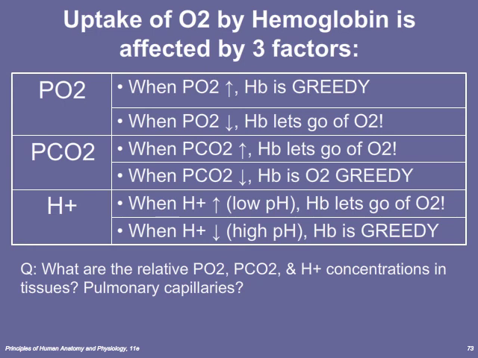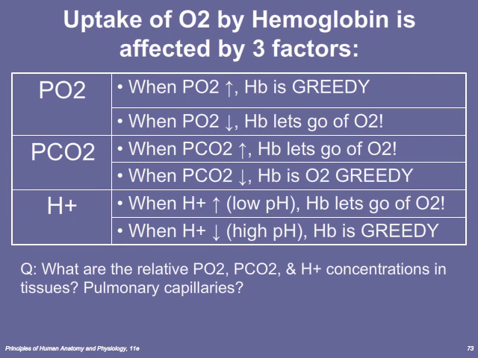So this slide just summarizes the factors that we talked about in the previous 3 or 4 slides. Basically, hemoglobin is a smart molecule that can adjust its affinity for oxygen based on the chemical composition of the surrounding environment. For example, if the partial pressure of oxygen is high, hemoglobin tends to be very greedy and not want to let oxygen go. Whereas when the partial pressure of oxygen is low, for example, in the systemic tissues, hemoglobin becomes very giving and readily off-gasses oxygen.